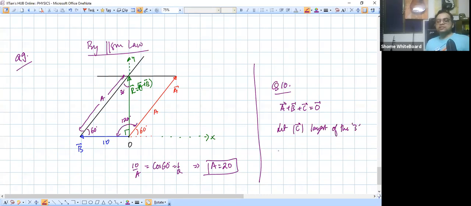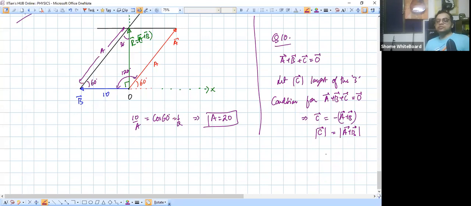Then condition for A plus B plus C to be 0 is that C should be equal to minus of A plus B. So mod C should be equal to mod of A plus B. So C should be less than or equal to the sum of their magnitudes. And obviously it will be greater than the difference. Okay. This is the condition.